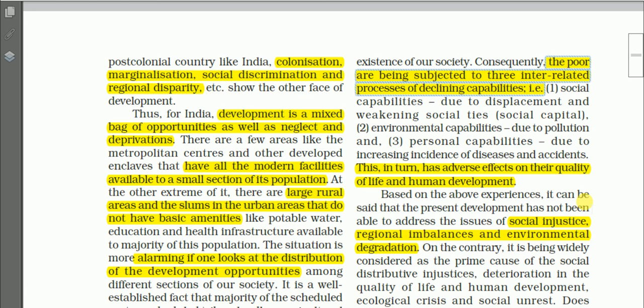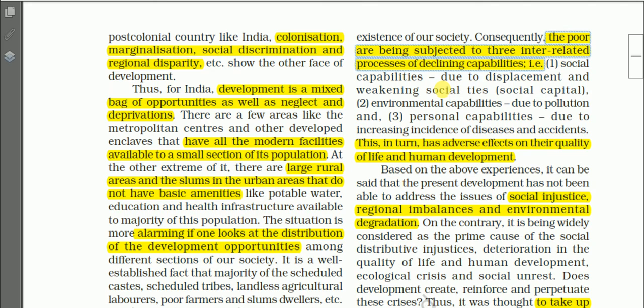We have learned that the poor section, the deprived section of society, is worsened, whereas the rich are richer day by day. That is the point here. The poor people's capabilities are declining. So what are those three capabilities that are declined?